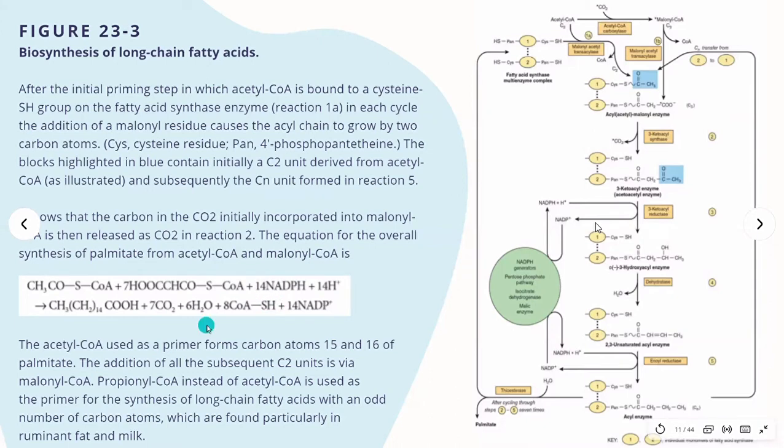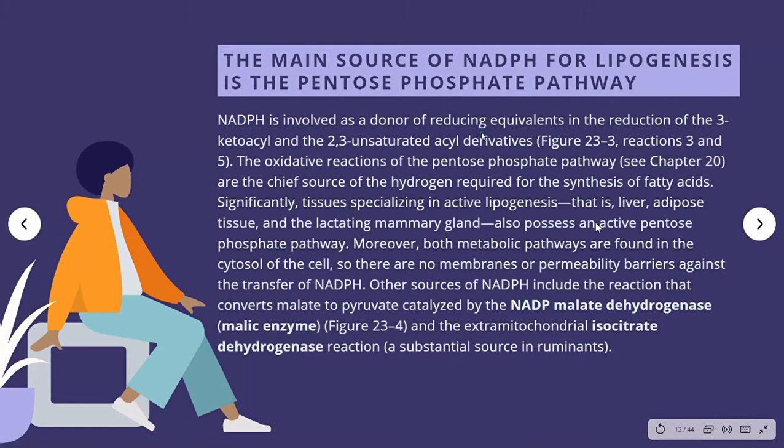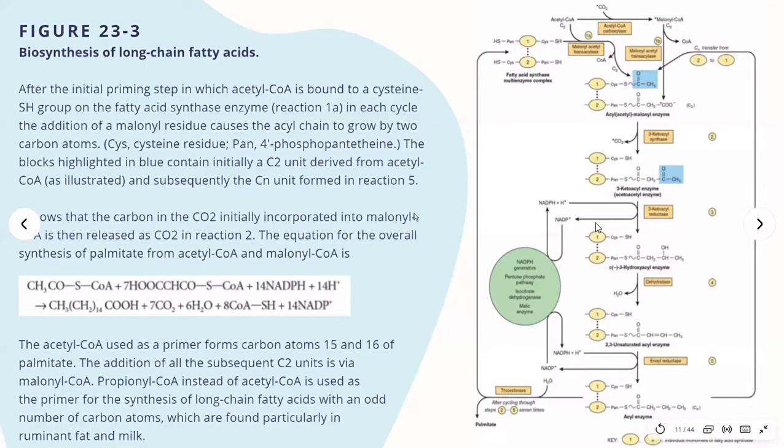7 carbon dioxide. How many water are removed? There is water there. You have 6 water removed. 14 NADP are produced.